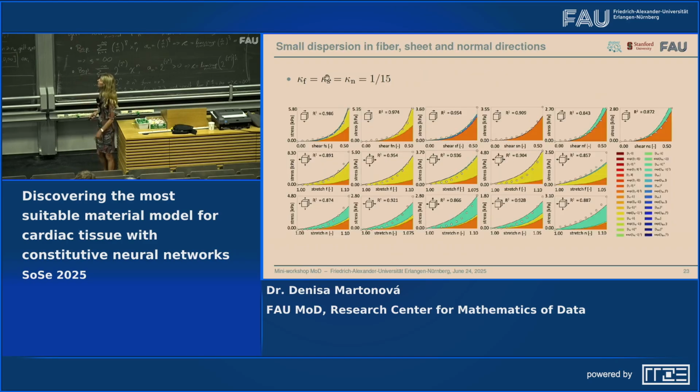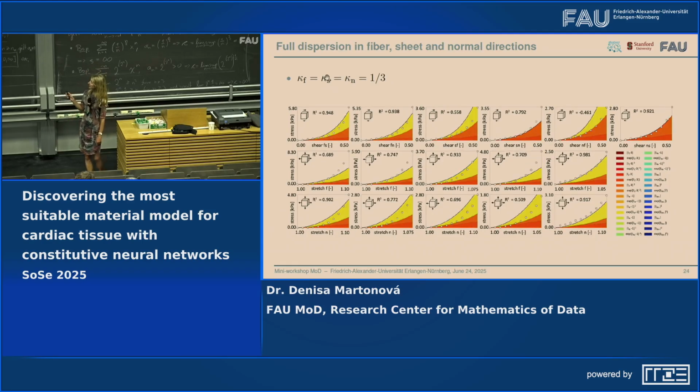So again, these plots you have seen before, we could again rediscover the four-term model also with dispersion with slightly improved goodness of fits. And here again, the colors represent the contribution of the specific terms visible in the legend here.